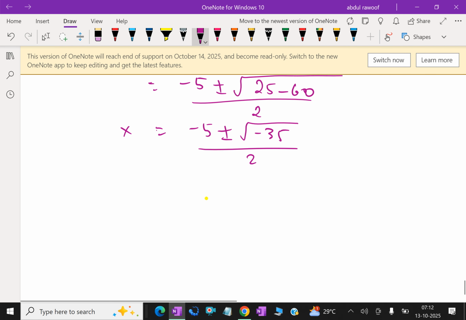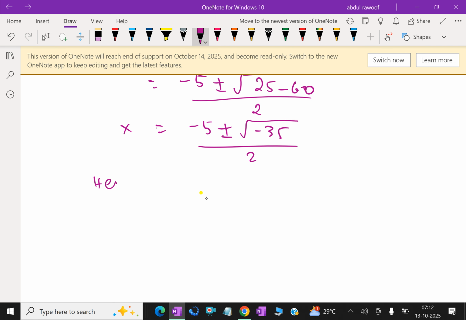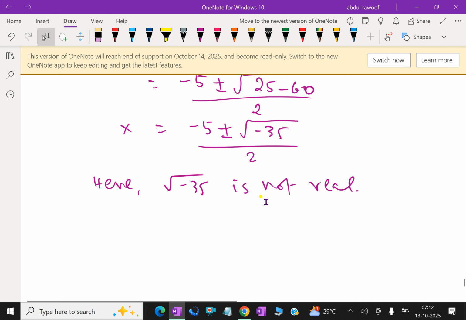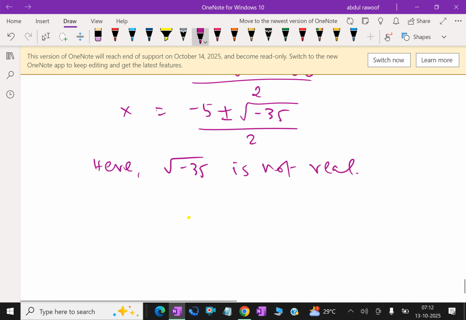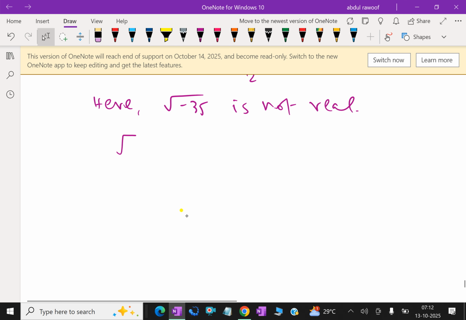Here, root of minus 35 is not real because under the square root there is a minus. From this, the complex number starts. Therefore, the square root of minus 35 is an imaginary number.